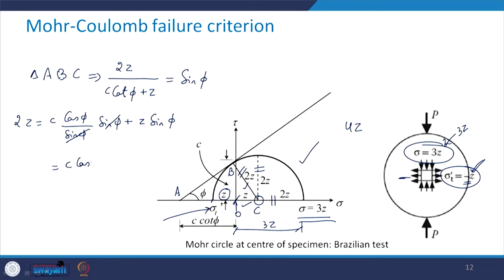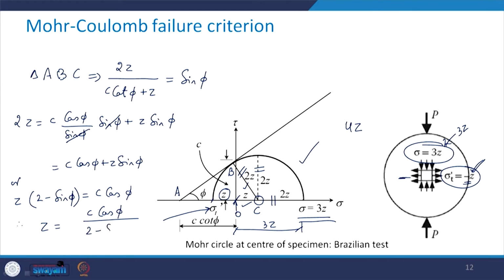and this is going to be C cos of phi plus Z sine of phi, or we can write Z times 2 minus sine phi is going to be equal to C cos of phi, and therefore Z will be equal to C cos of phi divided by 2 minus sine phi.